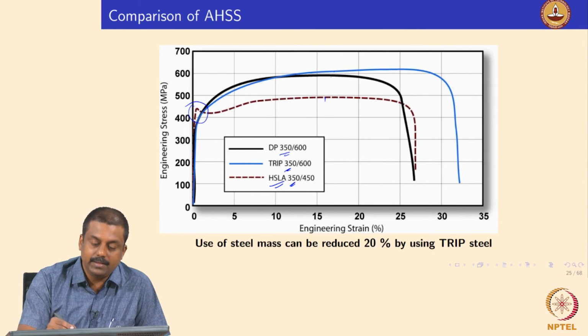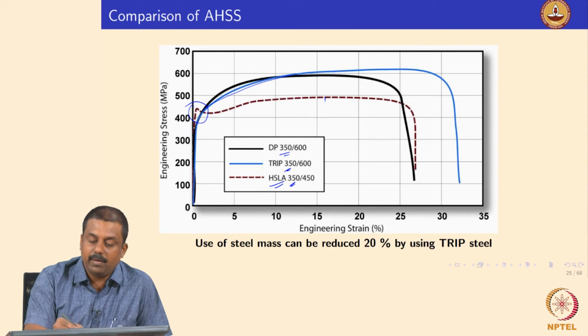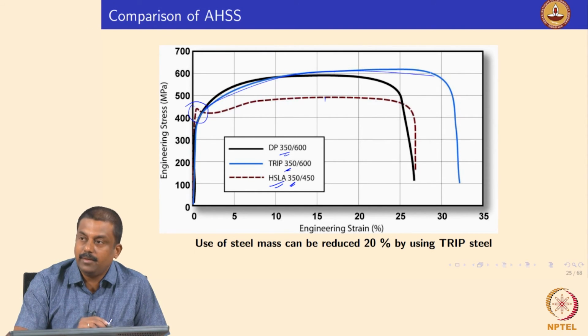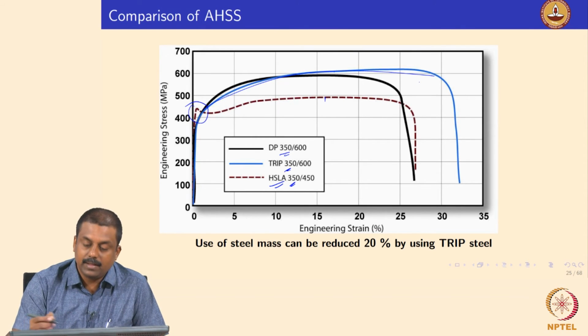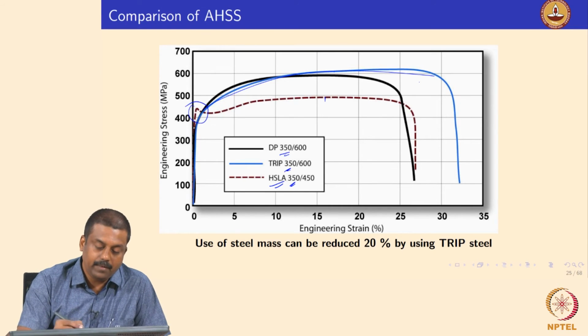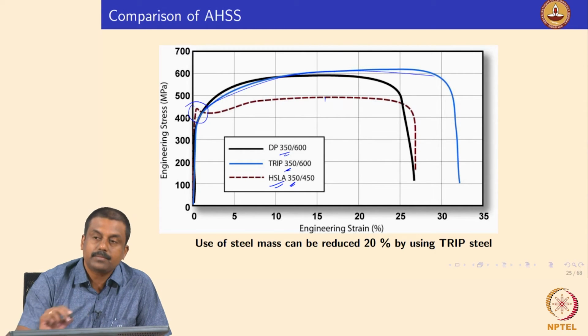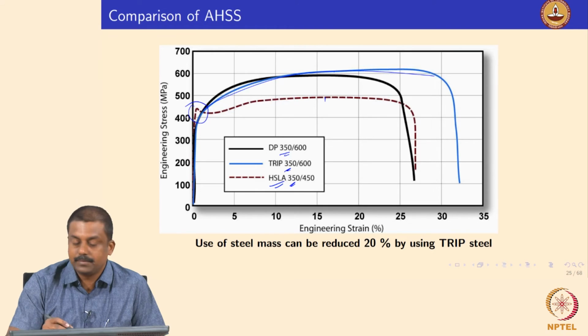Apart from increasing the ultimate tensile strength, the TRIP and DP also give excellent uniform elongation. Okay, you see that the elongation percentage increased significantly, as well as the other important point over here, in the HSLA steel they show yield point phenomena, right.